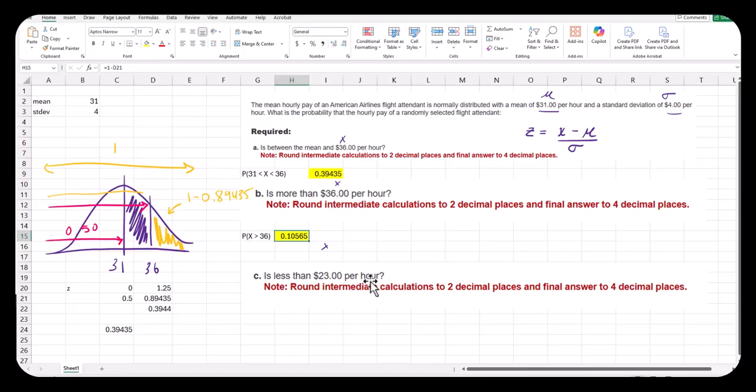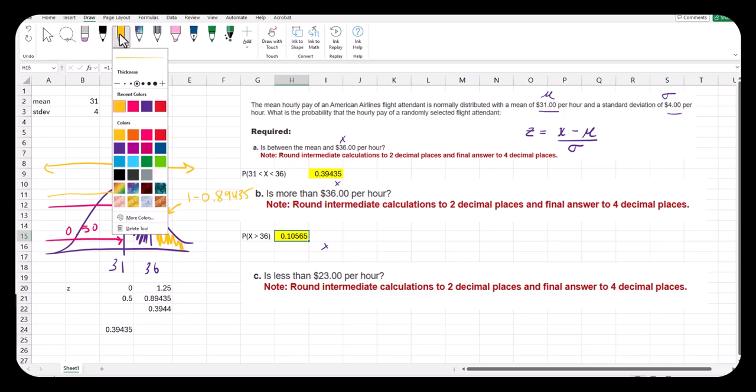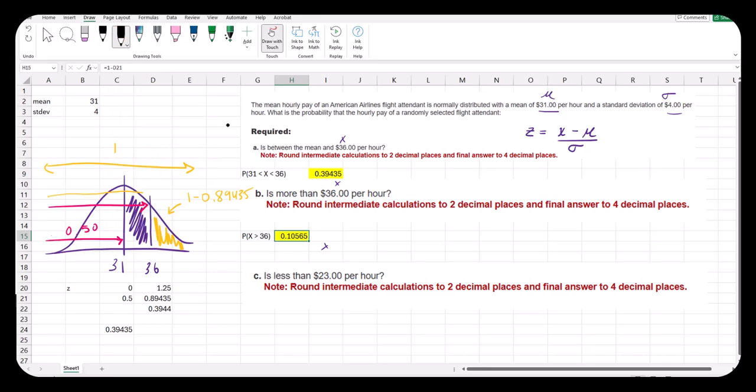Now this is less than 23. Well, I don't see that I did anything with 23 here. Now I'm going to use Excel, but you really should get to the point where you're drawing. I think it's very helpful to draw this stuff so you can see it. So less than 23 would be somewhere down here, right? That would be this area right here. So the probability x is less than 23.